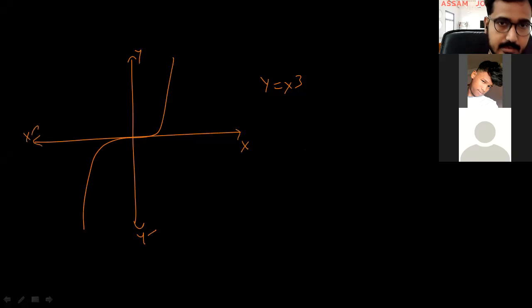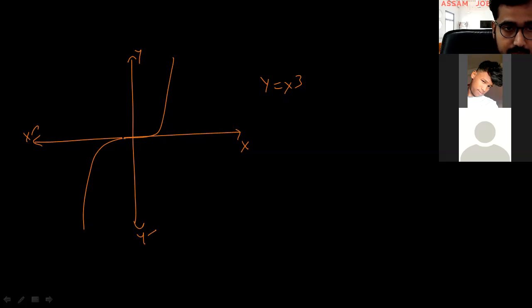Now this is the polynomial y equal to x cube. How many solutions does it have? 3? Not 3, only one solution, because here it is the same point.